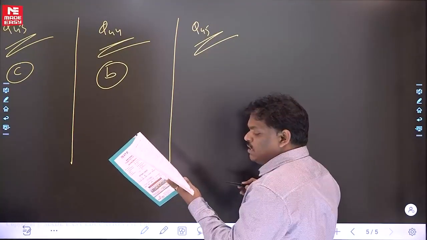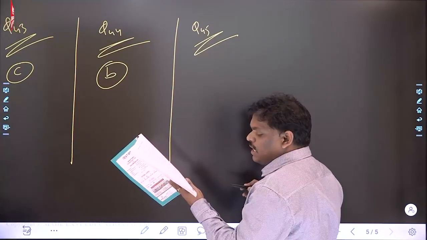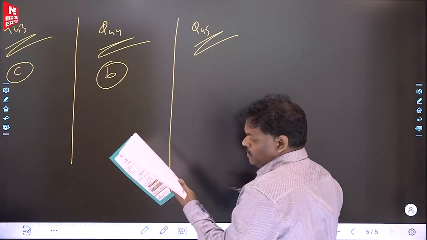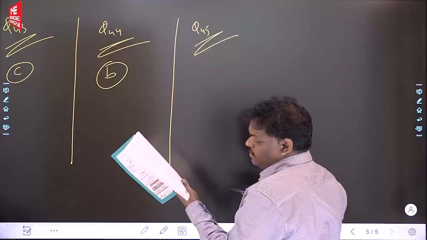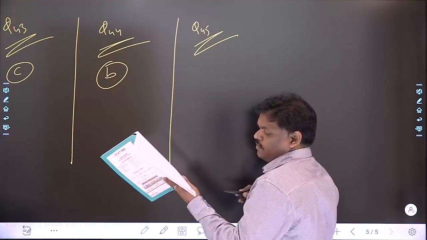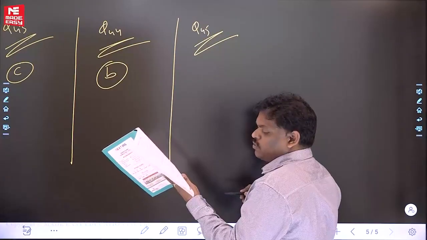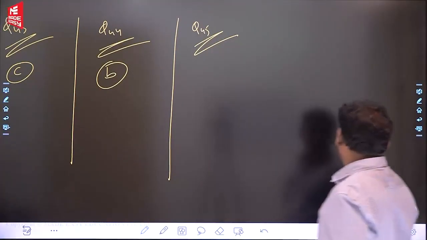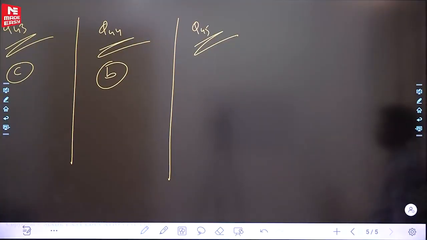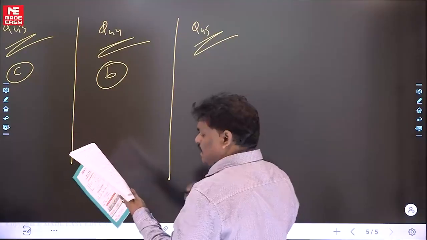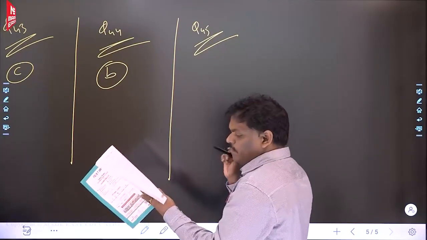Next, G, H, I, J. A, B, C, D, E, F, 6 people. Afterwards 4. Totally 10 people. This graph contains 10 vertices. Question number 45. MST cost they are asking. Let me do it once again.